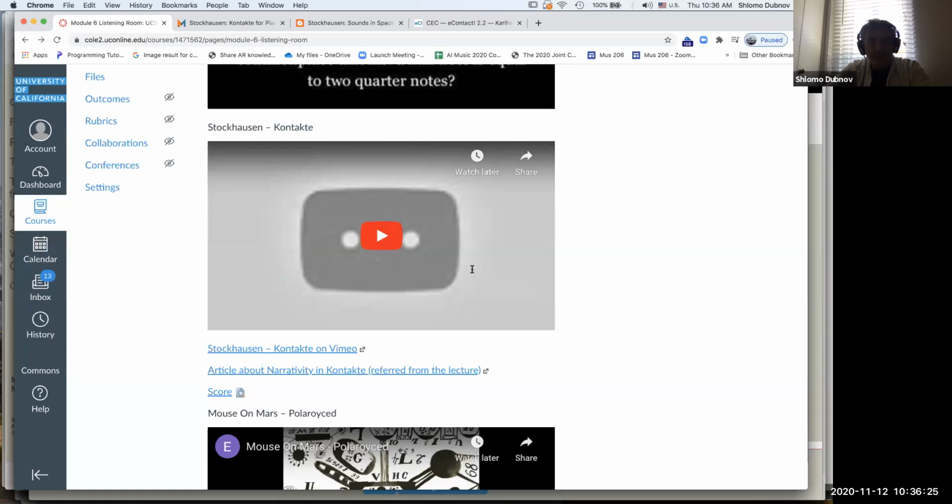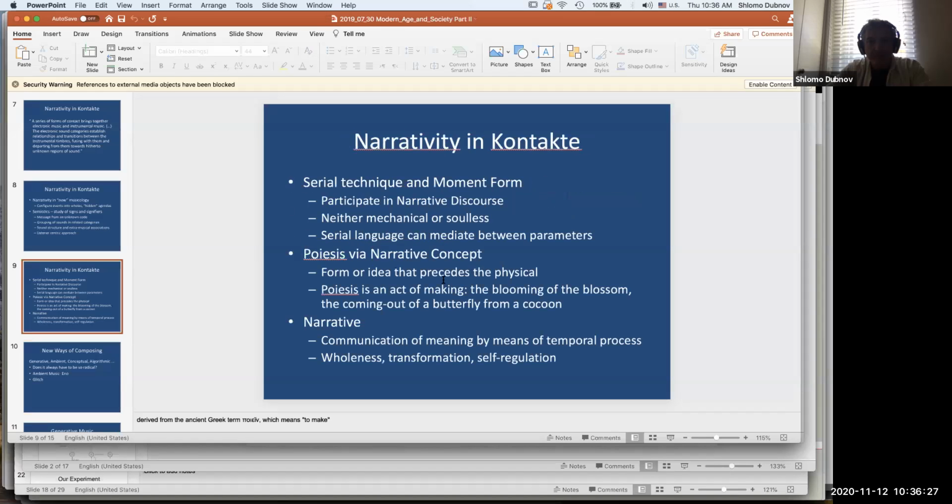What was the slide? It is a temporal process. There's something that's happening. That's what storytelling means: something happening in time, but it has to have some set of conditions for this process to become a narrative.